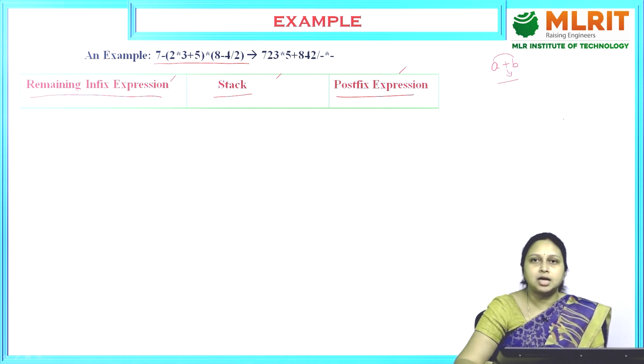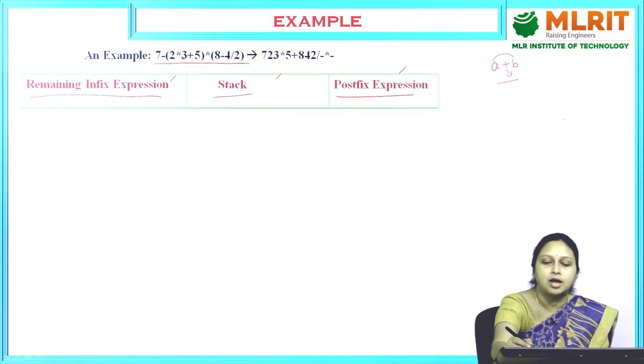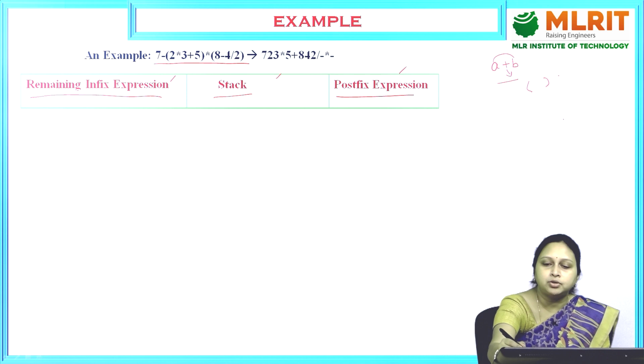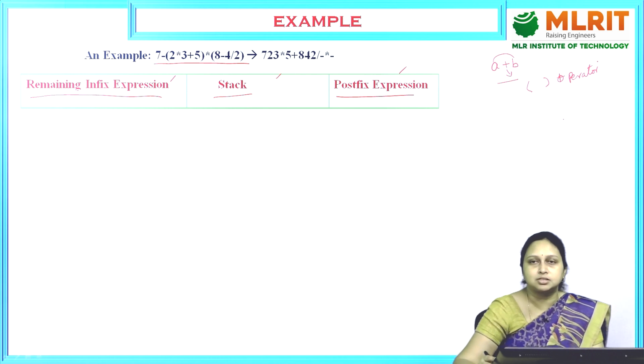As per the algorithm we have seen, what we need to do if we have a left parenthesis, a right parenthesis, or an operator, we discussed in the previous video. You can refer to that video when you solve this example.